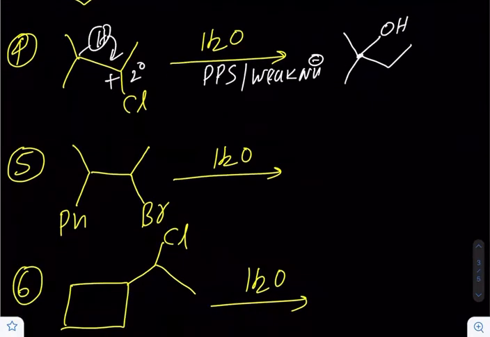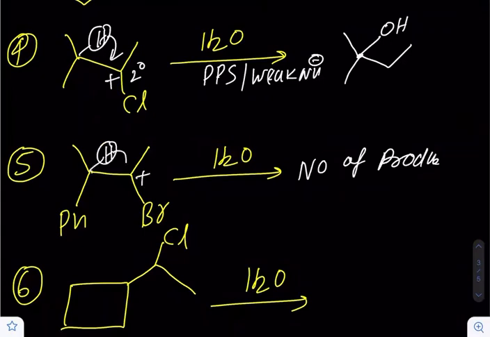In this case also, a question may be asked about the number of products. So first of all, make the carbocation and rearrange. After the hydride shift, we will have this type of carbocation. On this carbocation, here is methyl, here is ethyl, here is ethyl.